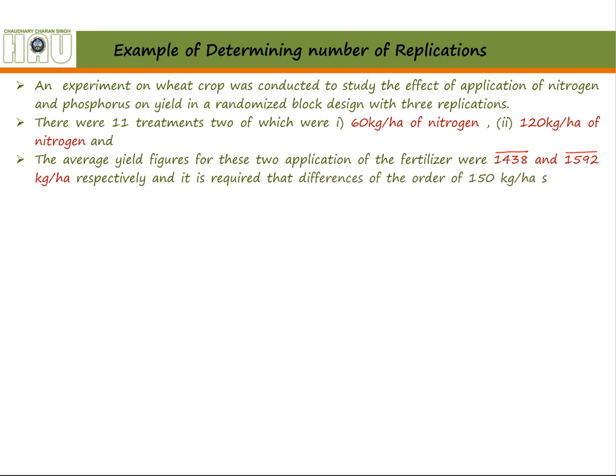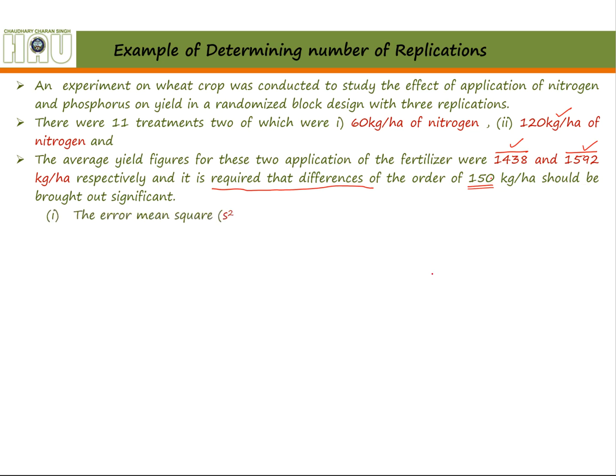When you apply 60 kg of nitrogen, you will get this yield, and when you apply 120 kg, you will get this. It is required that differences of the order of 150, meaning if the difference between these two is greater than or equal to 150, then we should call it a significant difference.